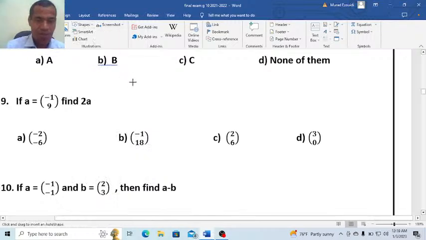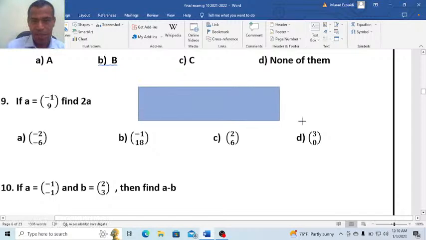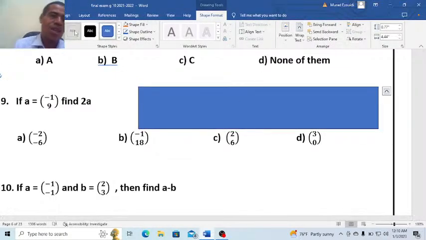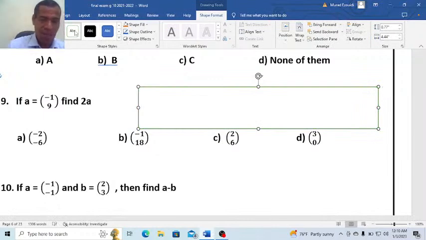So therefore, learners, I use this one to show you exactly how you can solve such a question in the final exam.